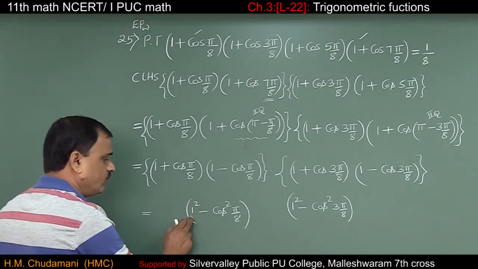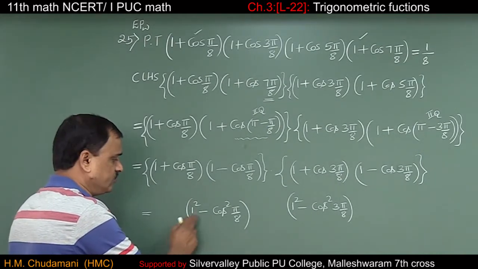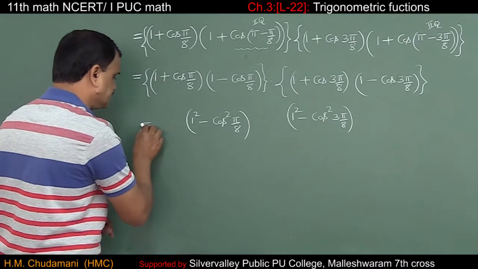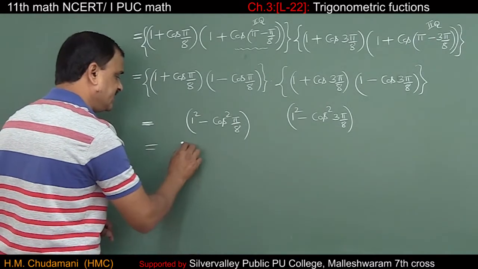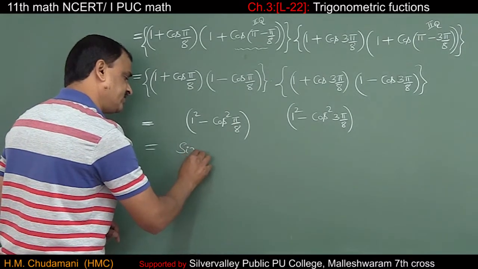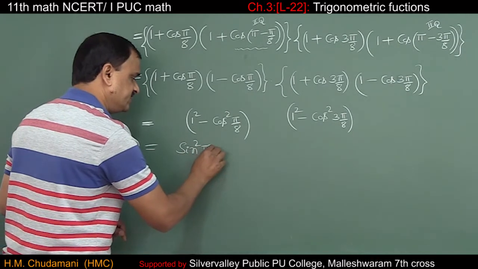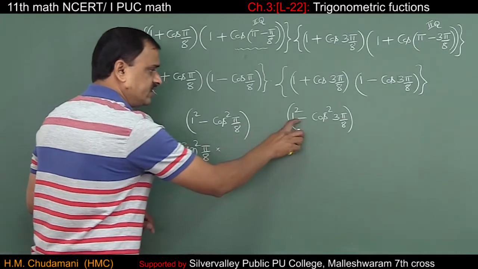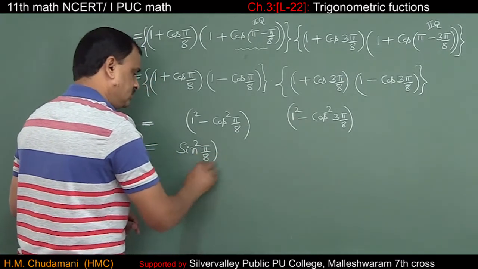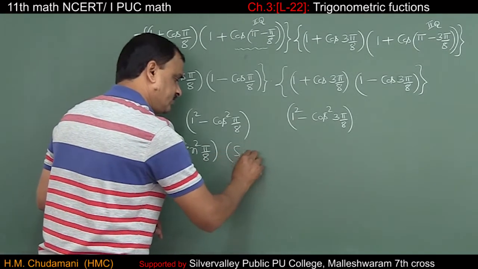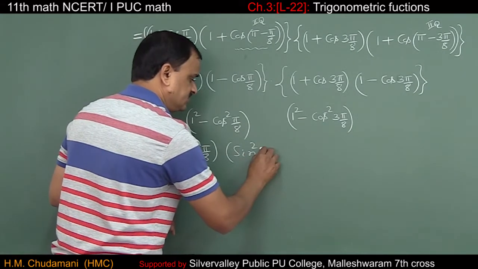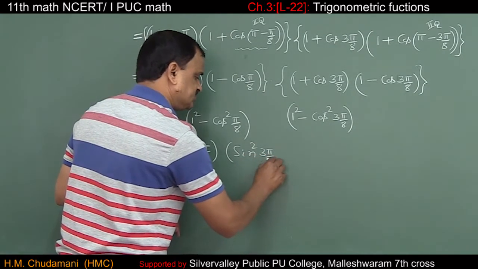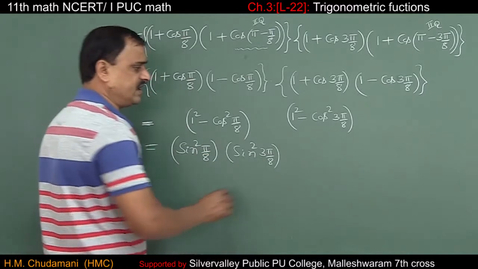Okay, so 1 square minus cos square. 1 minus cos square theta is nothing but, by using the identity, sine square pi by 8 into sine square 3 pi by 8.